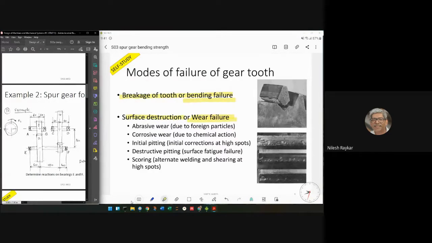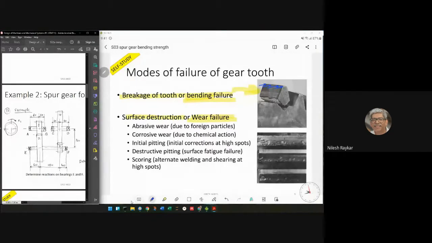But this is the description of the nature of these failures, and the causes of different subtypes of these failures are given in the textbook. So bending failure, as the figure shown on the right, happens because the force acting on the gear tooth is in the tangential and radial direction.